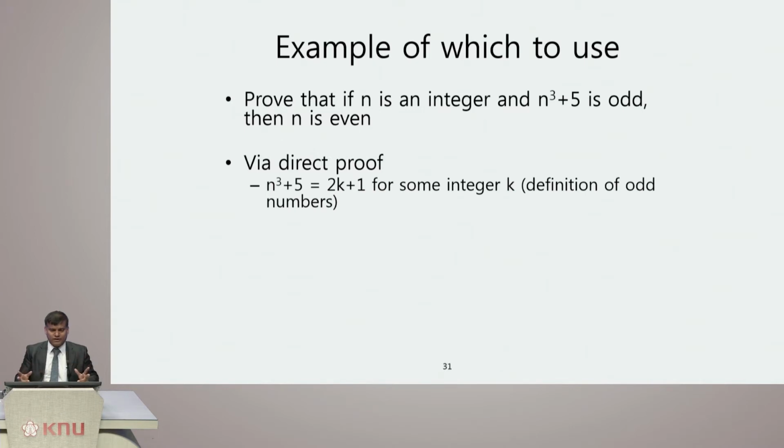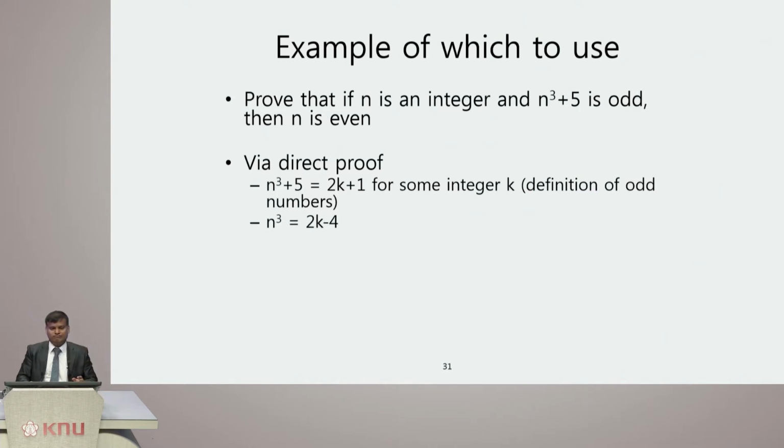Our direct proof is that n cube plus 5 equals 2k plus 1 for some integer k. We know 2k is just an even number. When you add 1 to an even number, it becomes odd. So by definition 2k plus 1 is odd. So we have to prove if n is an integer and n cube plus 5 is odd, then n is even.